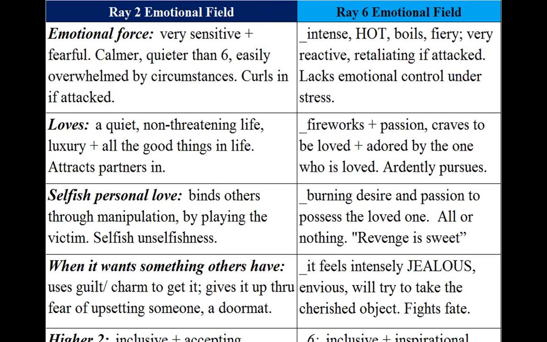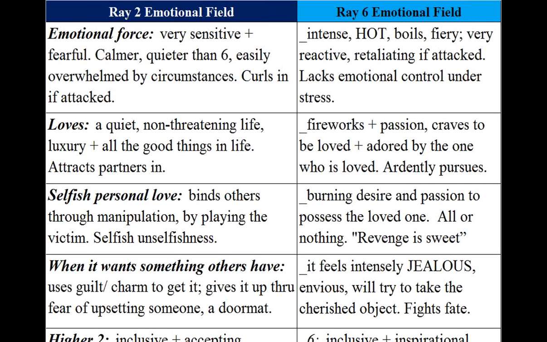On the other hand, we have the quieter 2 emotional field, very manipulative. It doesn't have the power and the drive and the anger to go out there and get what it wants, so it magnetizes people to bring it what it wants.